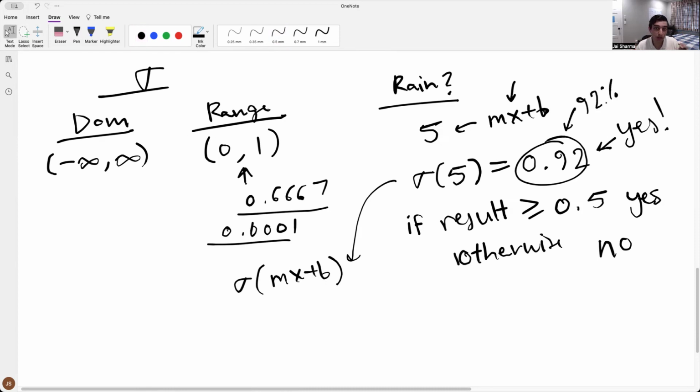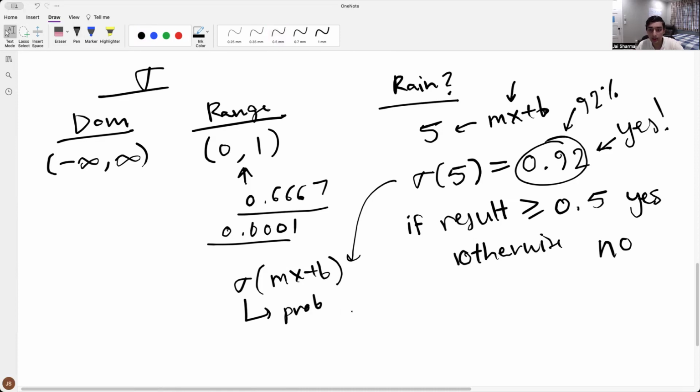So we can tell you more than whether or not we think it's going to rain tomorrow. We can tell you the actual percentage chance, and that is 92% based on our calculations. So sigma of mx plus b actually gives us a probability of something happening, in this example, whether or not rainfall is going to happen tomorrow.